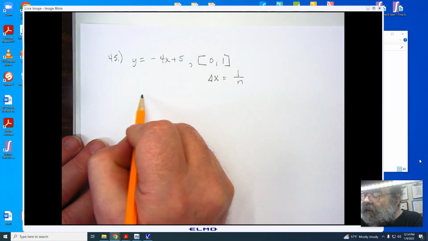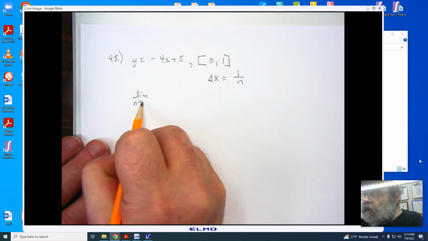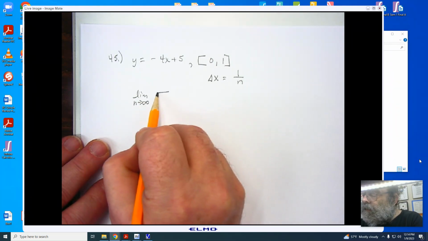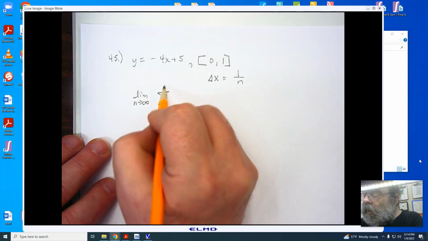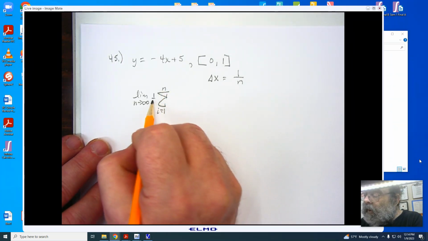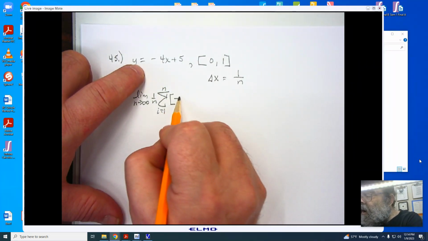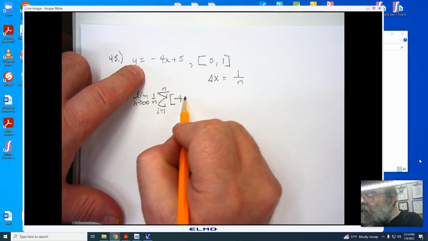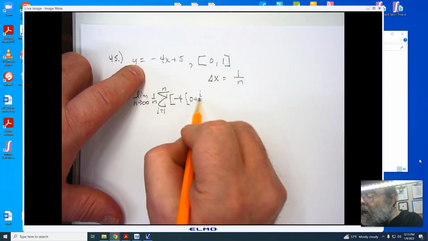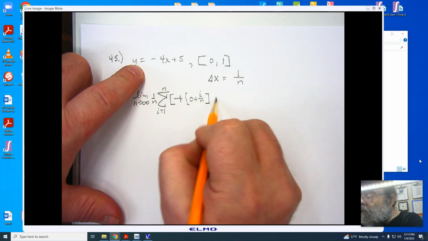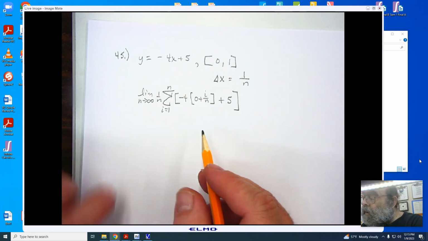So I'm now going to set this up as the limit as n approaches infinity for the summation i starting from 1 to n. 1 over n is going to go in front just so that I don't get confused. And I have negative 4, and inside I'm putting 0 plus i over n, plus 5. This is now what we're going to work with.